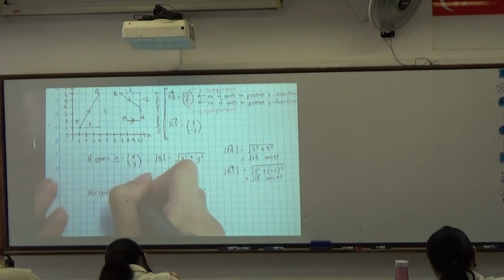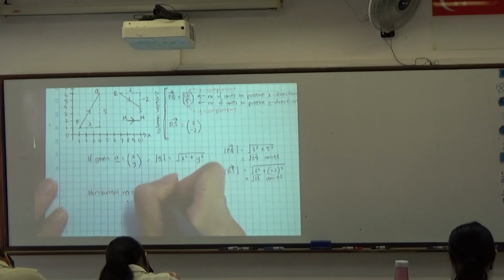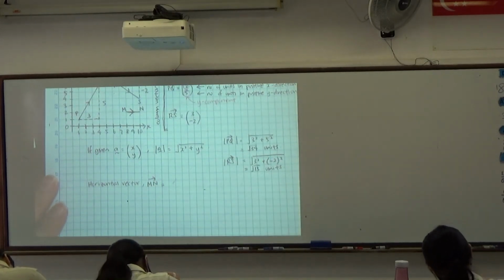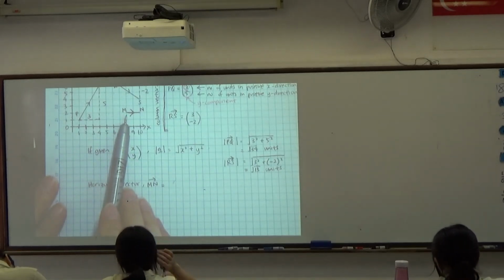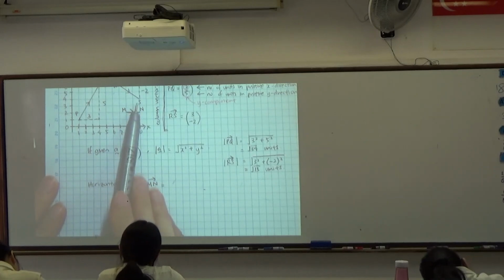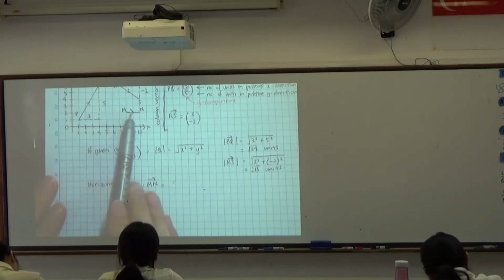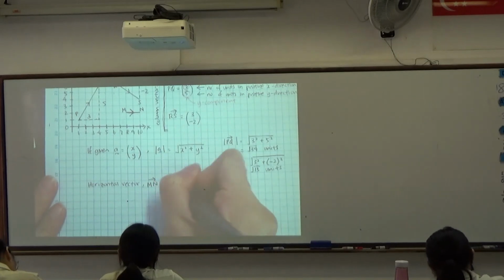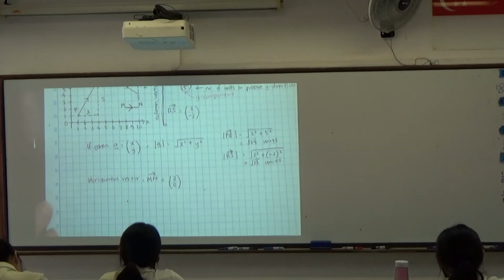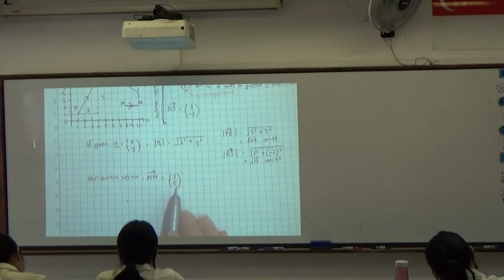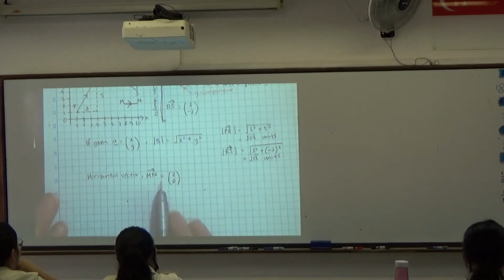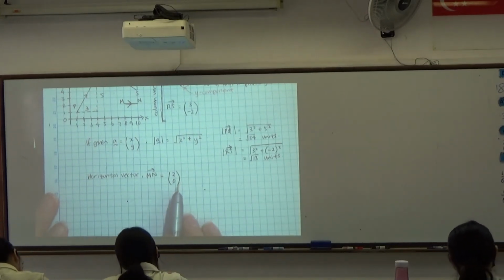You see that starting from M going to N, it is just 2 units to the right. There's nothing upwards or downwards. So the x component is 2, and the y component is 0. That is the horizontal vector. So for horizontal vectors, y components are always 0.